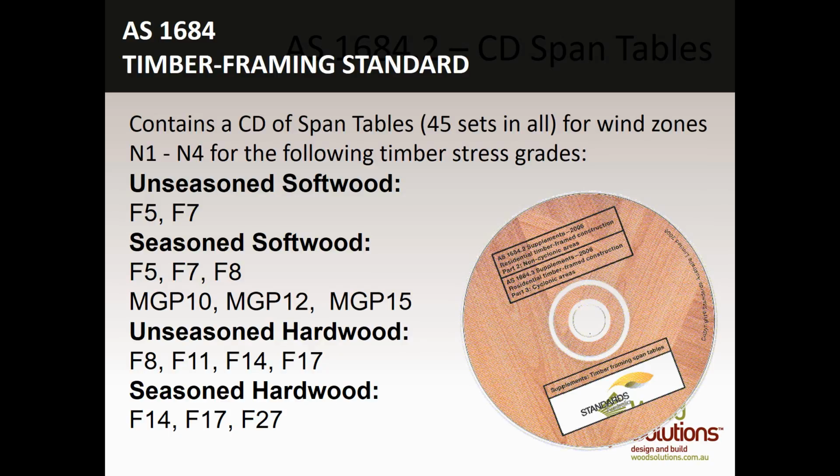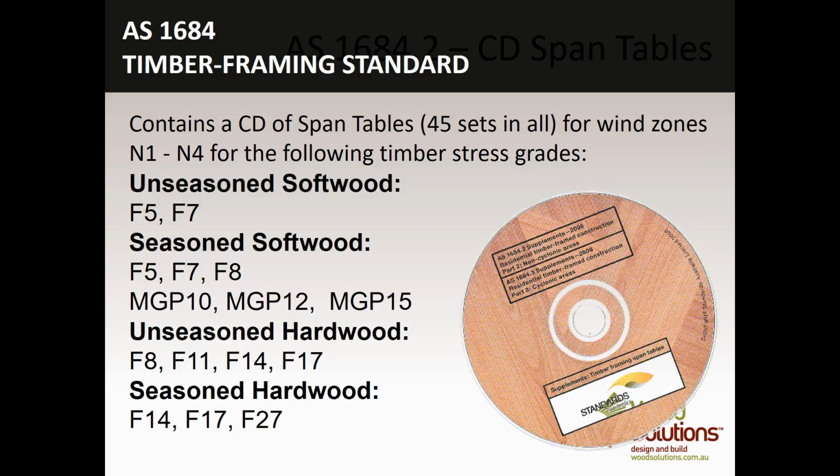They're all listed within that span table, and things like veranda beams, etc. So you can say, I have to design a lintel for over this window in this wall. I'm going to do it at MGP 10, and you work through that table: I've got this amount of roof acting upon that lintel, so the lintel needs to be of this size. I'll show you those span tables in a minute.